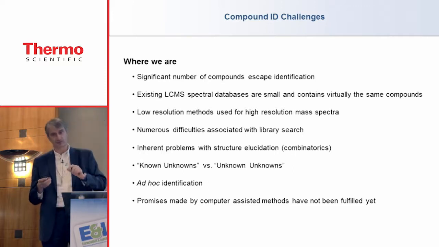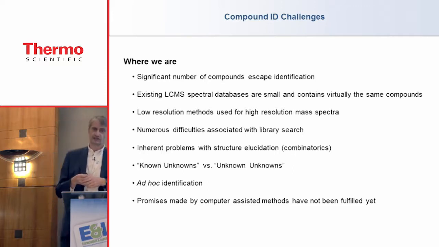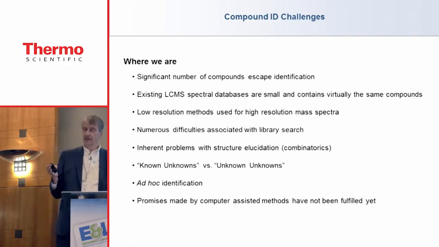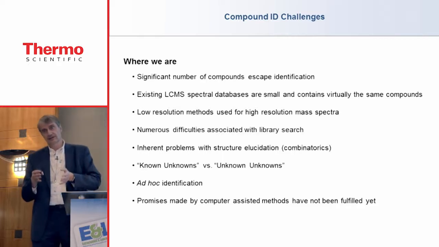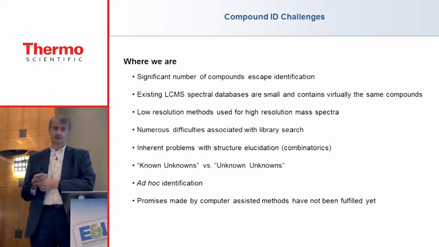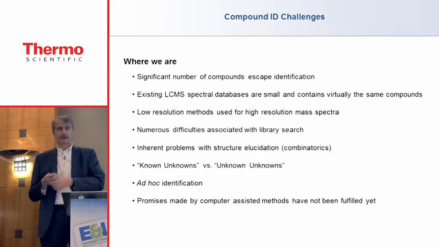So it's a very small fraction of the compounds that are represented in spectral databases. Today we have very cool techniques like high resolution methods, but people and software are still using low resolution thinking when using high resolution spectra.